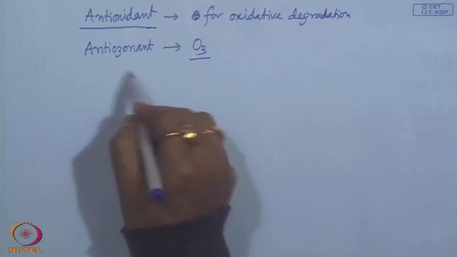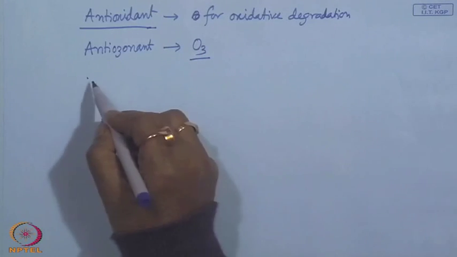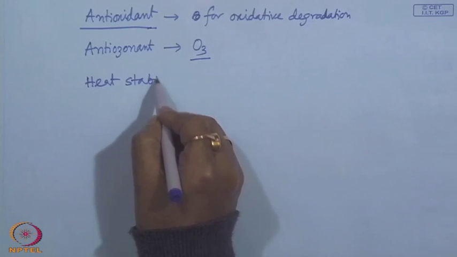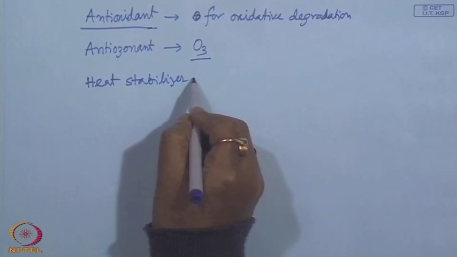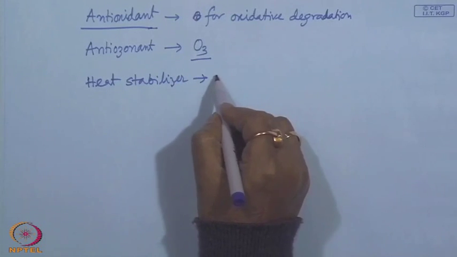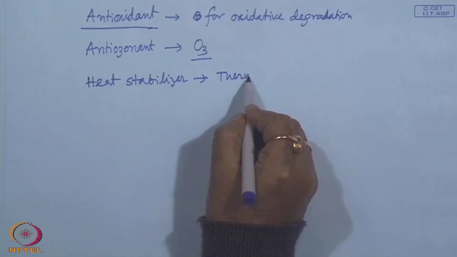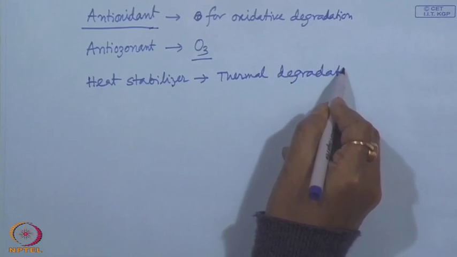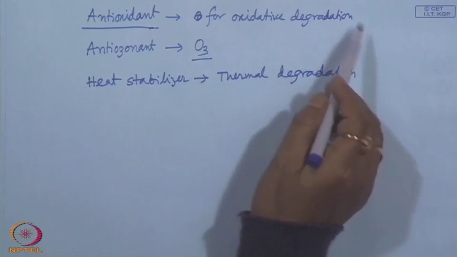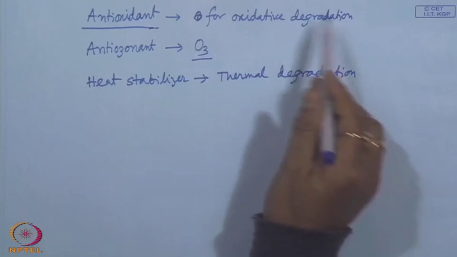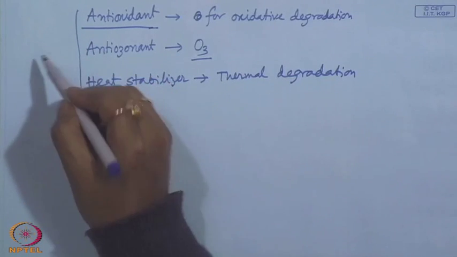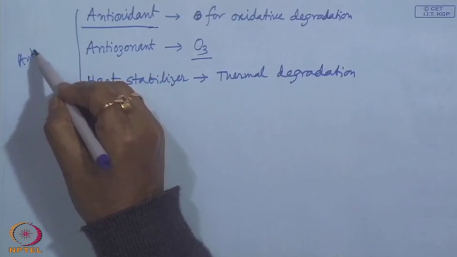There can be a thermal agency. So, a heat stabilizer for thermal degradation. So, in order to prevent the degradation by different agencies, stabilizers are used, and these are in effect called anti-degradants.